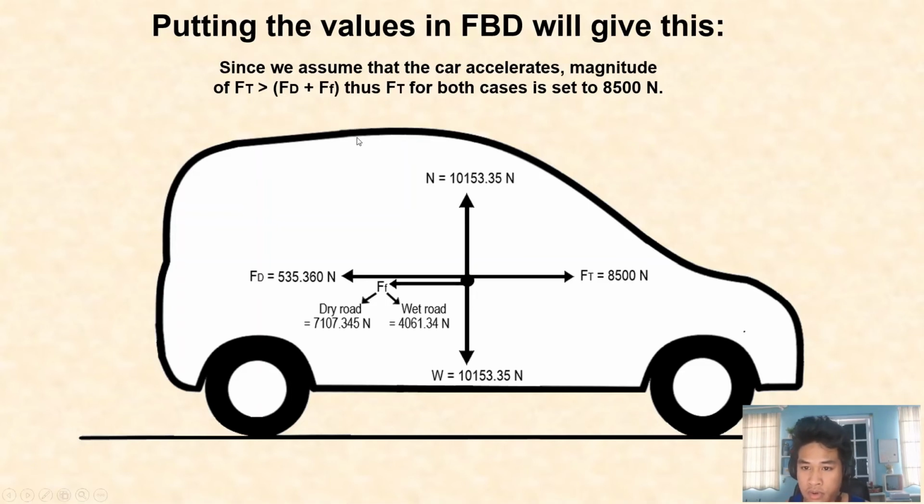And as we can see in the free body diagram here, the normal force is placed above as 10,153.35 Newton, and the weight of the car is placed below in the y-axis as 7,153.35 Newton, because as we know before, they cancel out each other to obtain a net value of 0 in the y-axis.